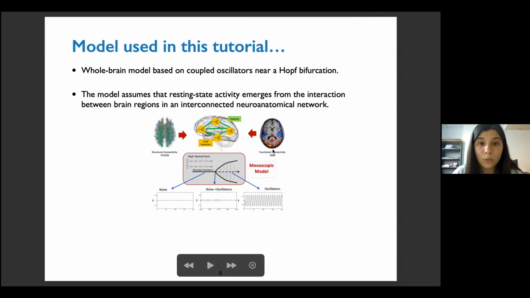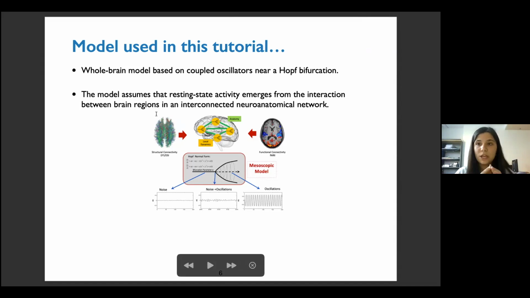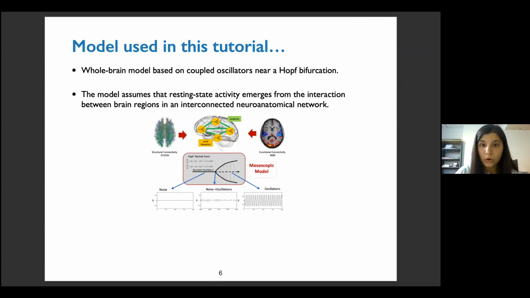We consider that the brain regions working with some dynamics are interconnected among them using the structural connectivity, so we will have some interactions between the regions. If we consider that the local dynamics can be described by a Hopf normal form, we can simulate the network and local dynamics that we see in the signals.